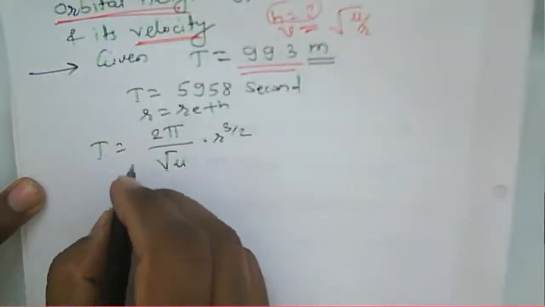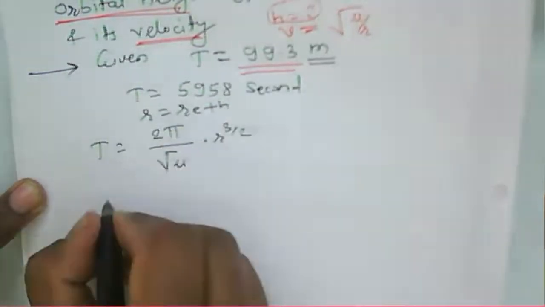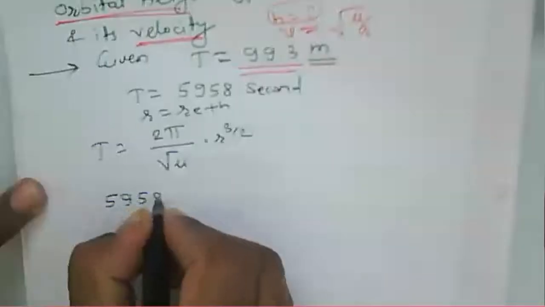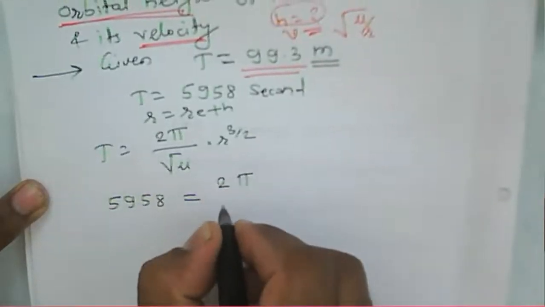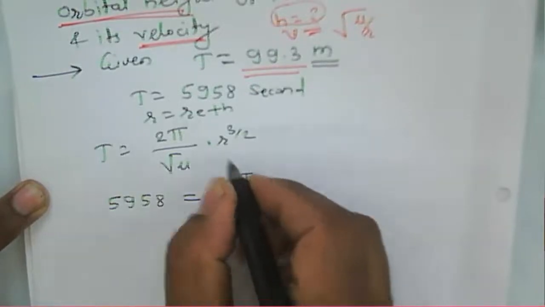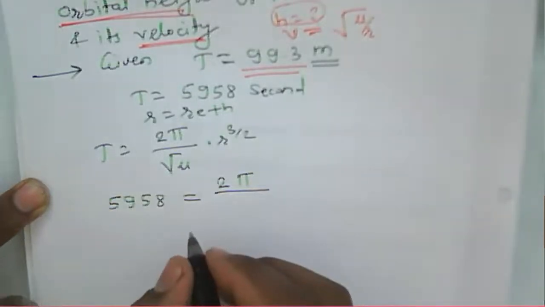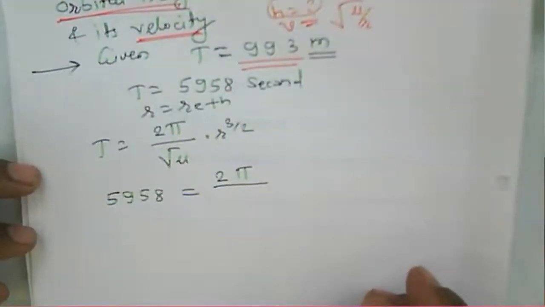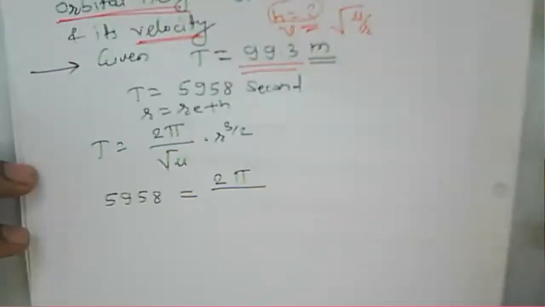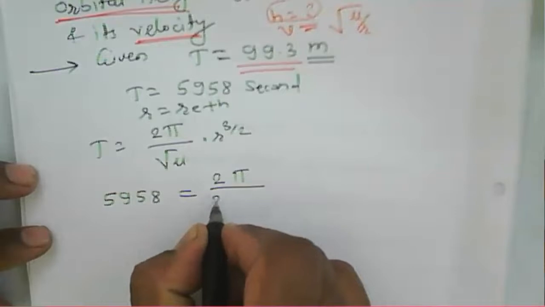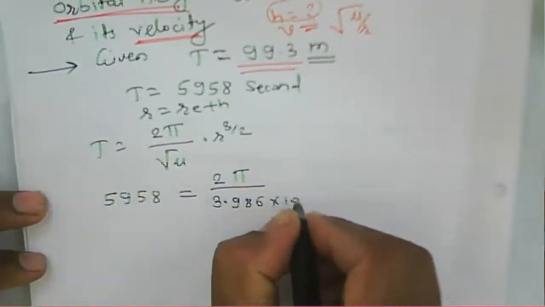Now, if you consider this equation here, the T is equal to 5958 second, and twice pi, that is a constant we have, and then there is mu, that becomes what? We have considered earlier 3.986 into 10 to the power 5.